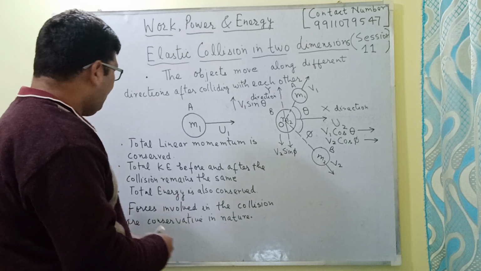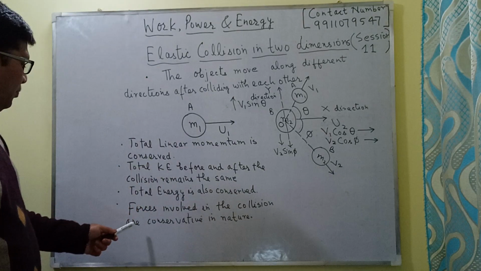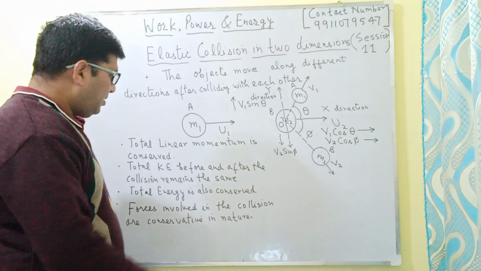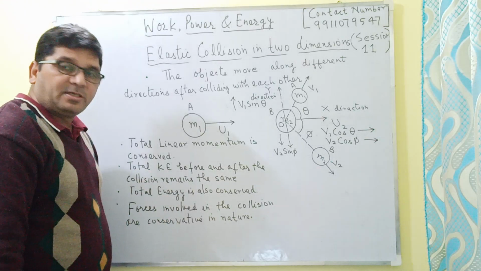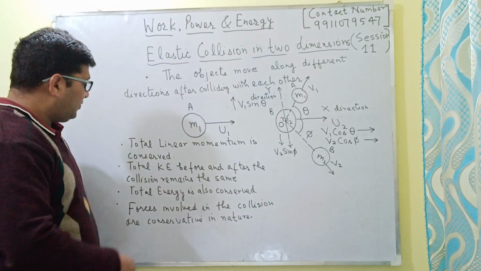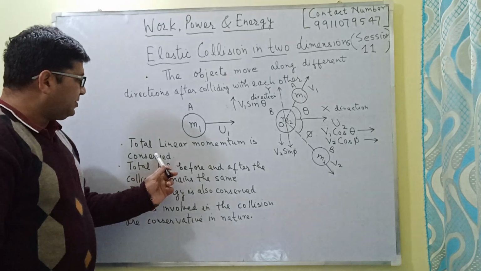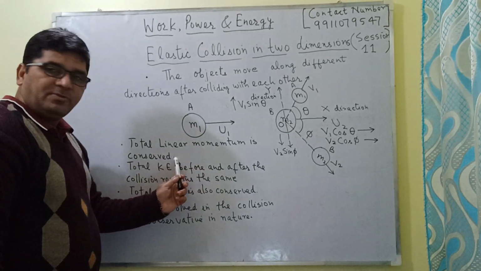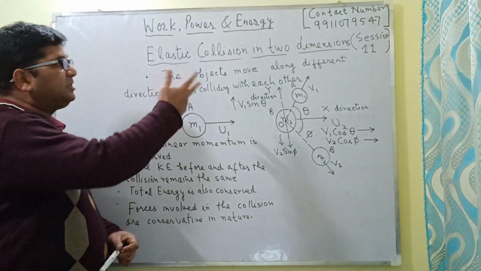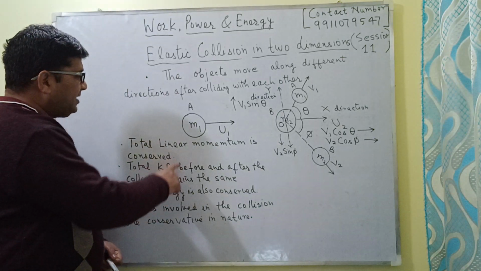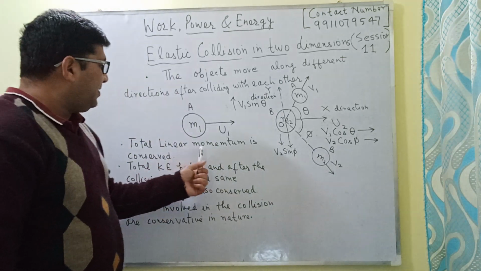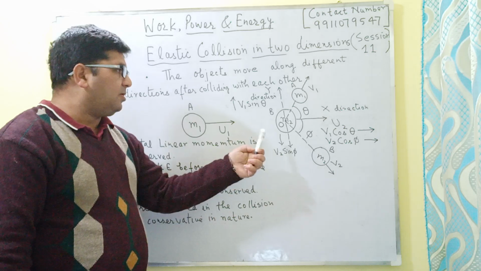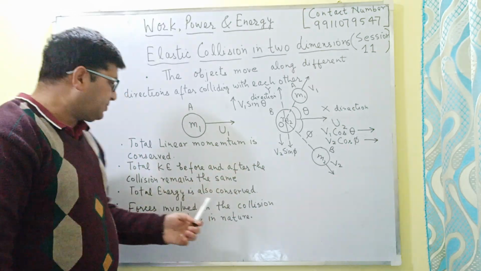Now these are the four important points which need to be remembered in this topic. First thing is that in an elastic collision, the total linear momentum is conserved. We have already discussed it in the previous session also. It means that the total momentum before the collision is equal to the total momentum after the collision.